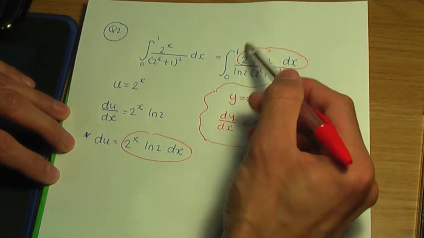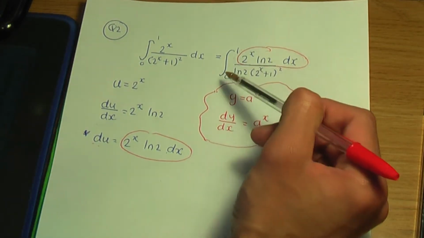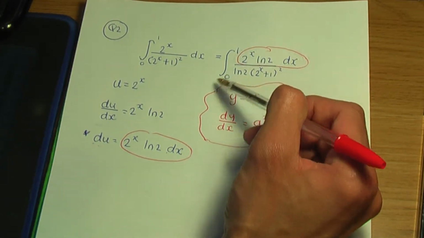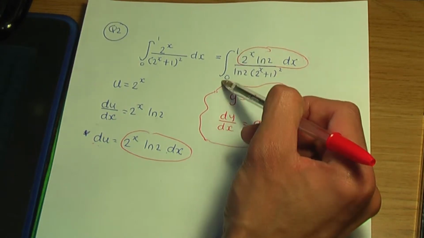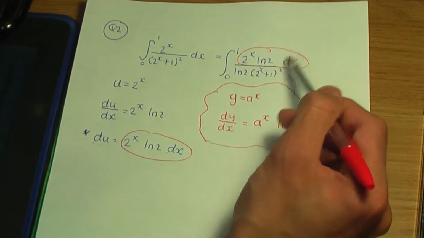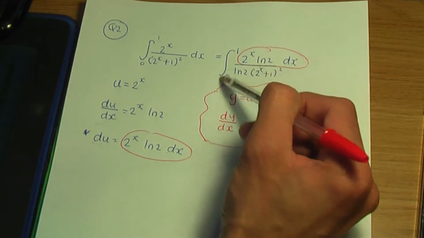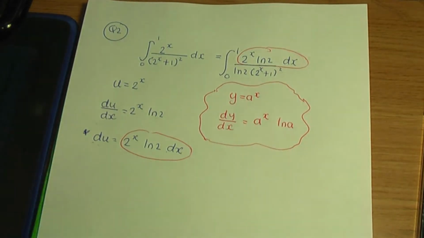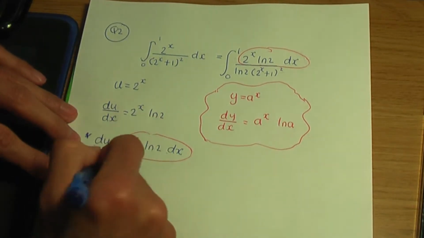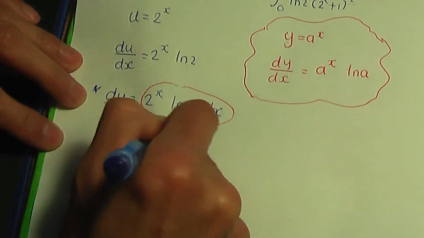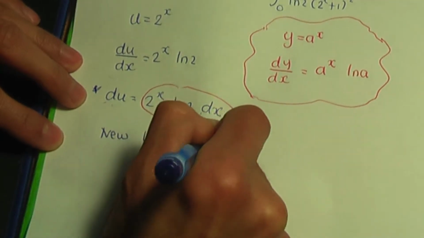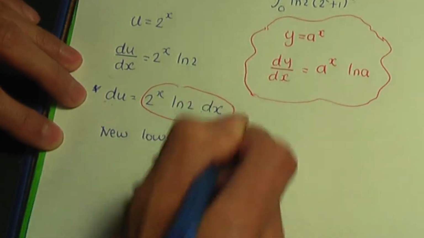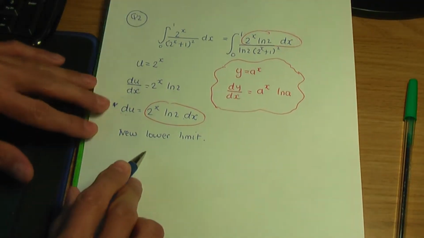However, we have limits, and when it comes to substitution with limits, you need to calculate the new limits. These are the limits involving x. We need to calculate the new limits in terms of the u variable. Let me show you how to work out the new lower limit.